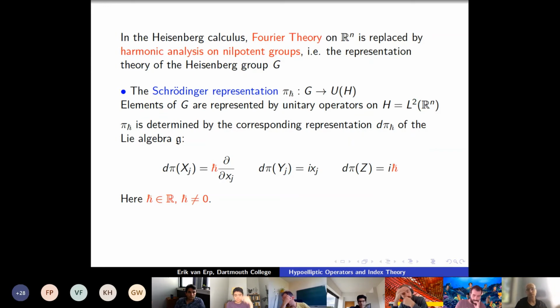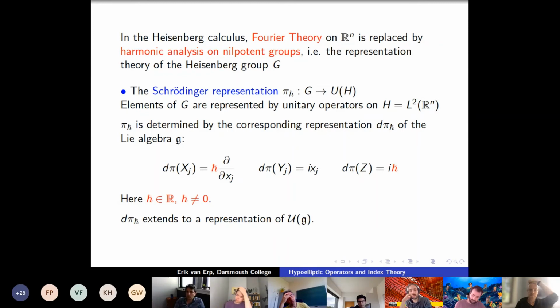So the reason it looks so different here is that now instead of a number, for each h bar you don't get a number, you get an operator. So you don't get a function of h bar or something like that. For each value of h bar, you get an actual operator. So it's a much more serious object than what you get in Fourier theory. But it's completely analogous. That's what I'm trying to say.